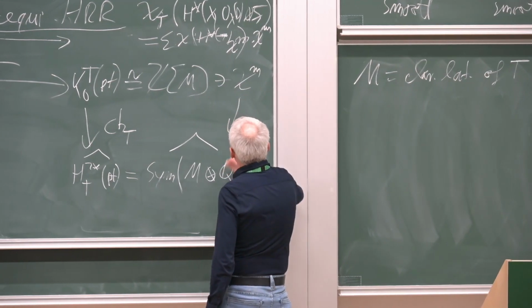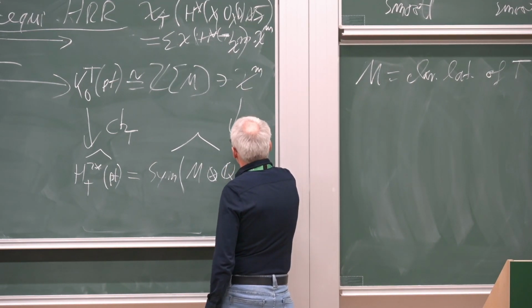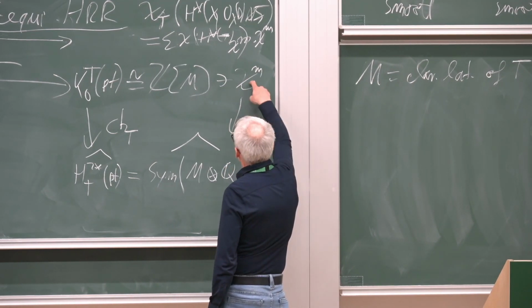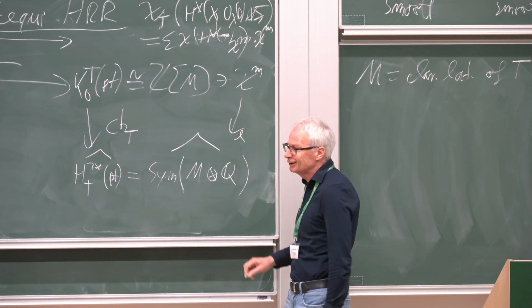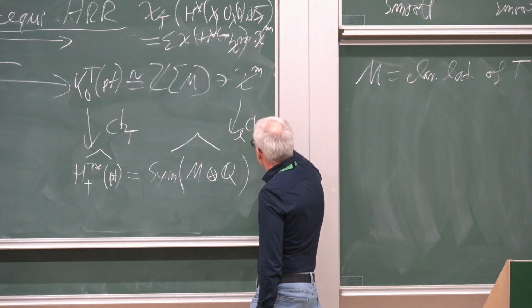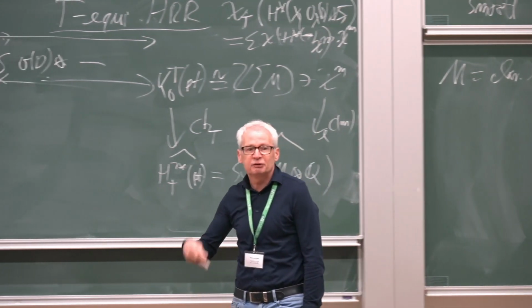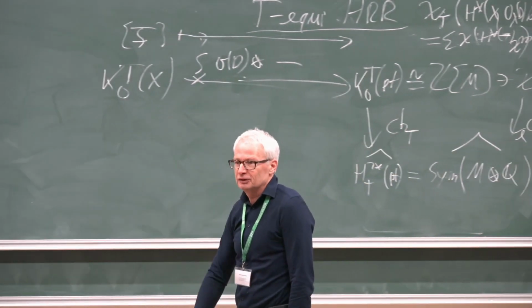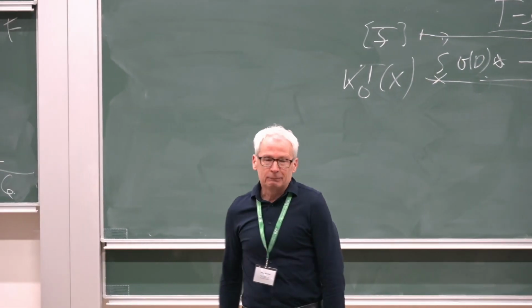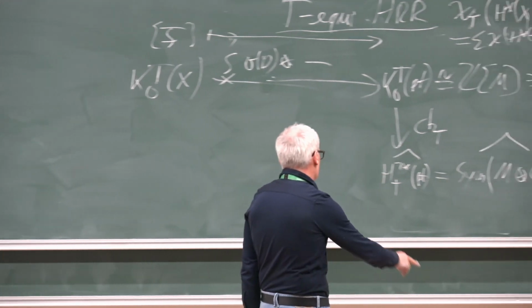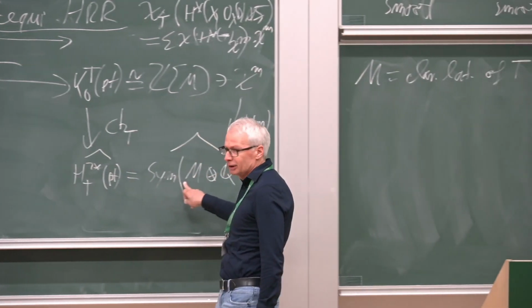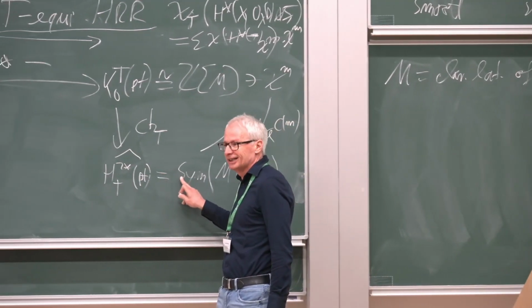What you are doing here is just you map this to the Chern character of this line bundle on a point. So this is just e to the c_m, if you say c_m is the first Chern class of this line bundle on a point. But now comes the important point. I think this equality was already in the second talk in the morning, but the thing is, this is not canonical.